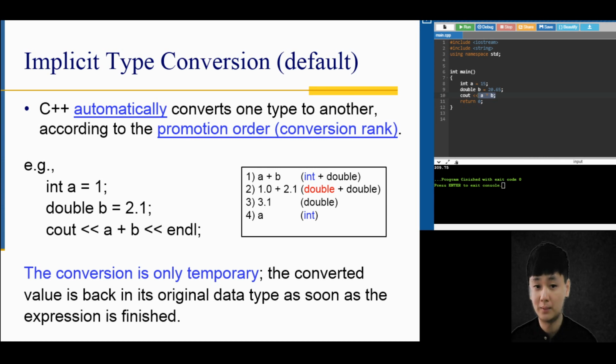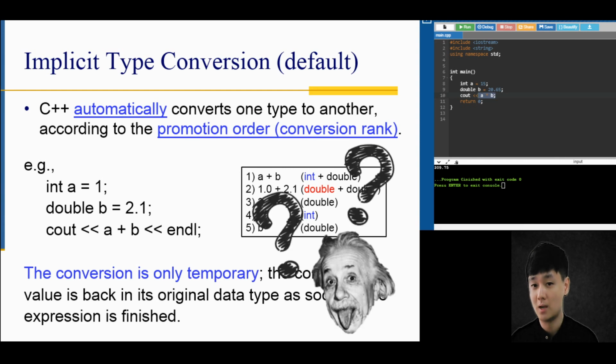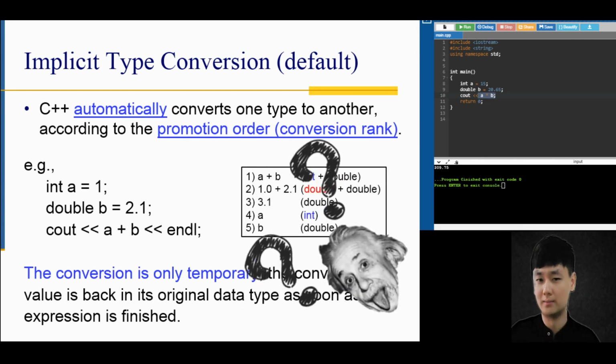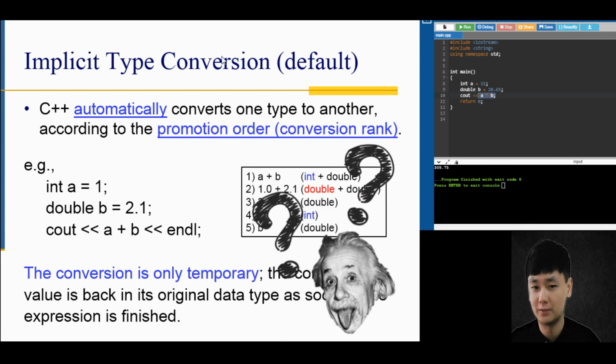So remember, the conversion is only temporary, and the converted value will go back to its original data type as soon as the expression is finished. You might ask, why in this expression must the integer a be converted into a double, and not the double into an integer?